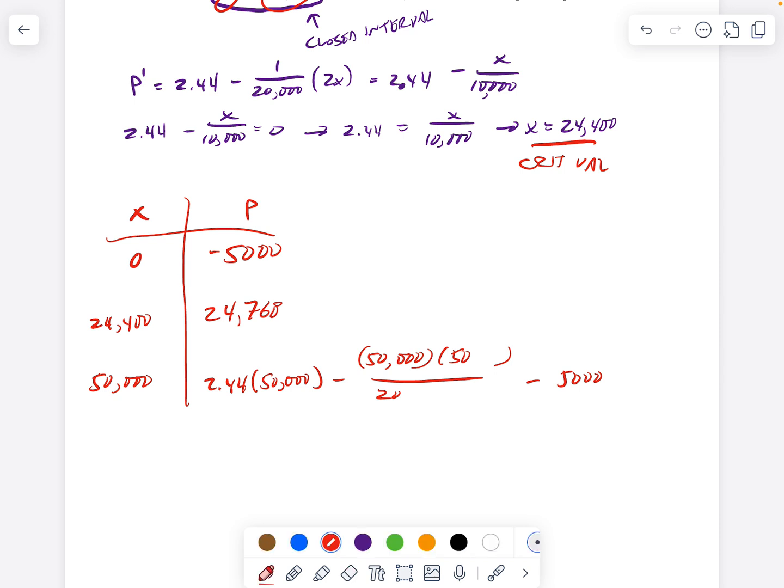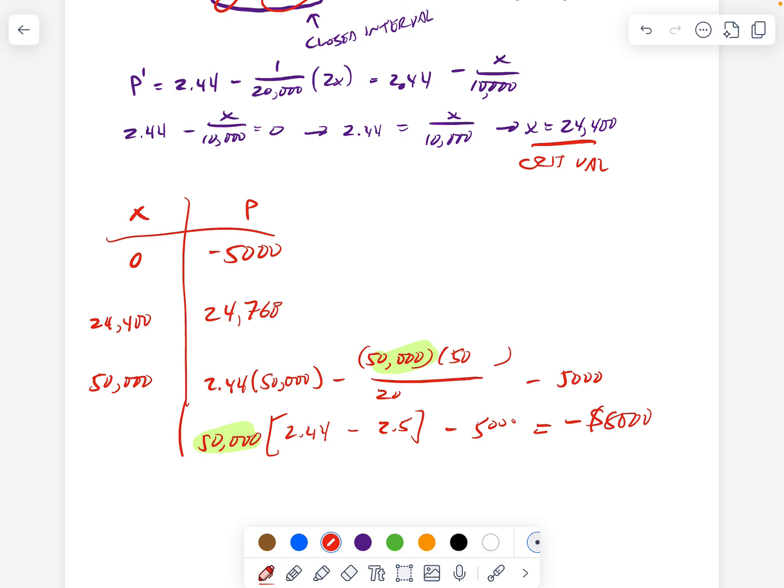And here, this would be 50,000 times 2.44. Sorry, you can just trust me when all of this is done. And then here, if I factor out a 50,000, that's actually 2.5. So we have negative 0.06 times 50,000 and another. So this looks like it's coming out to negative 8,000.